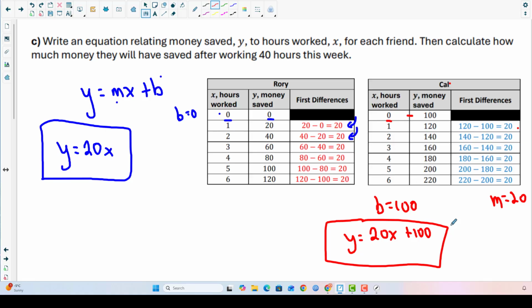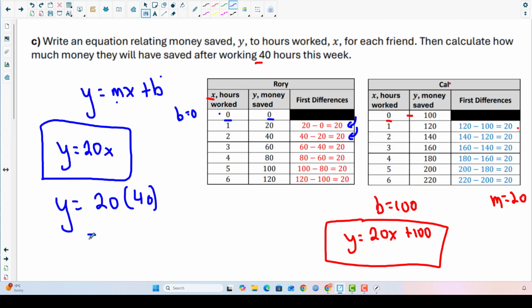That's how the equations are different. The slope or the rate of change are the same, but the initial values, the starting values, are different. And the question asks us to calculate if they worked 40 hours a week, how much would they have saved? That's very simple. 40 hours is x, the hours worked. So we're going to plug in this value for x. Y is money saved, which is equal to 20 times the hours worked.